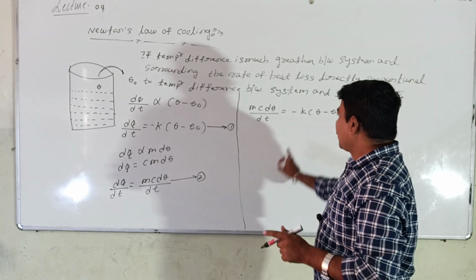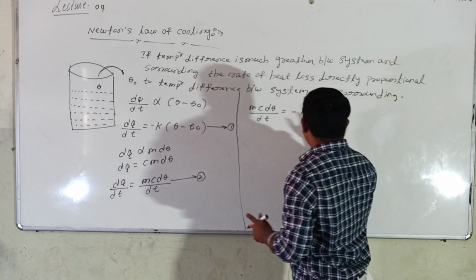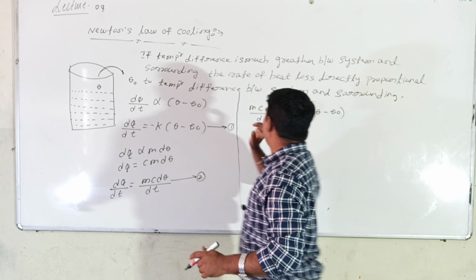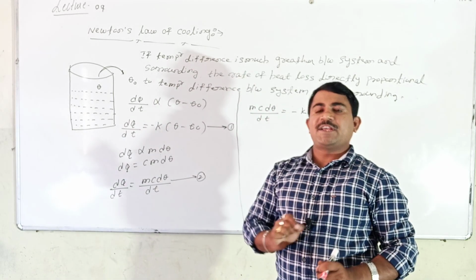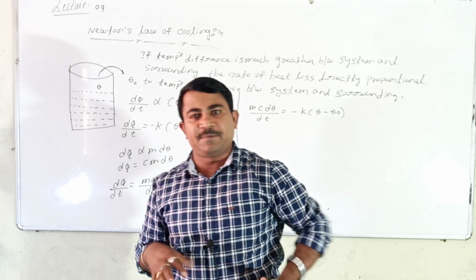Don't confuse here: theta represents the temperature of the hot liquid, theta naught represents the temperature of the surrounding. Then d theta indicates the small change in temperature during cooling.